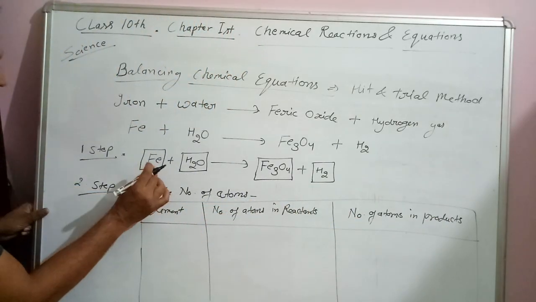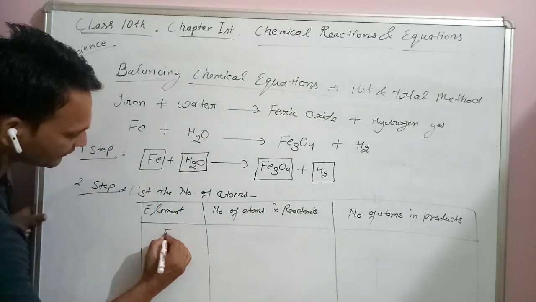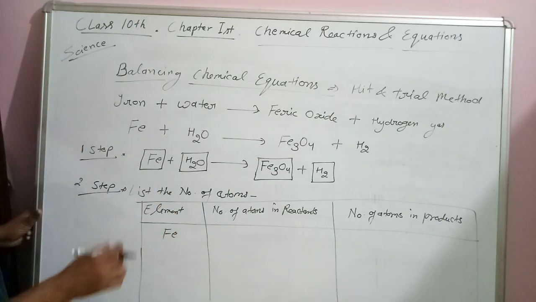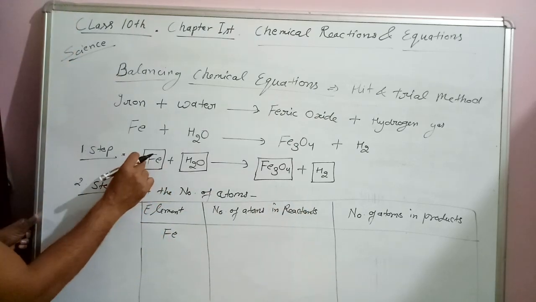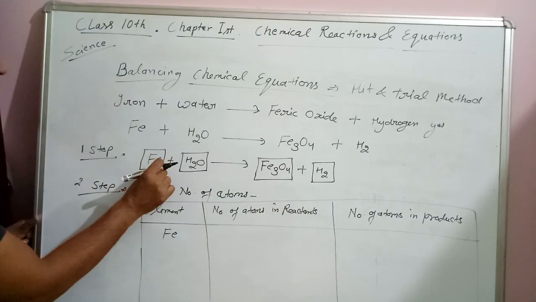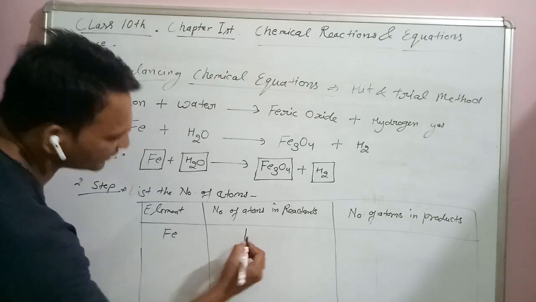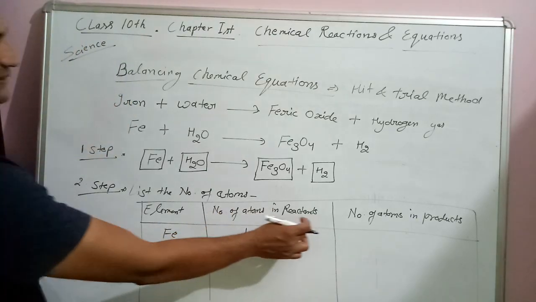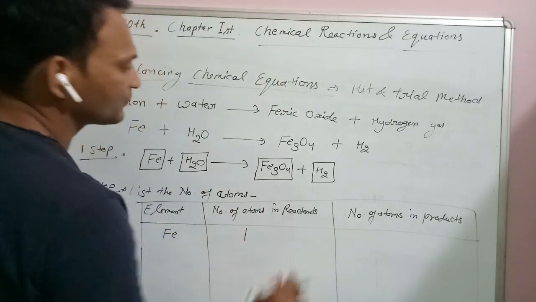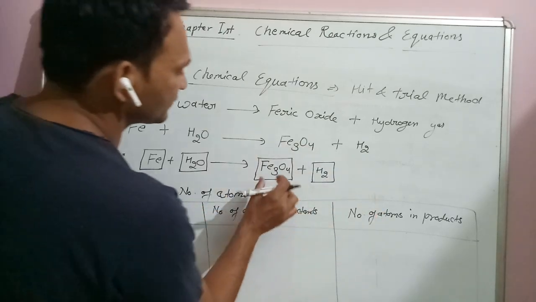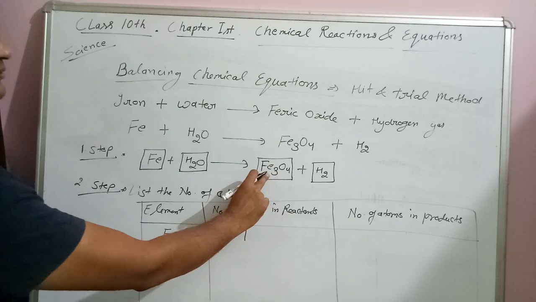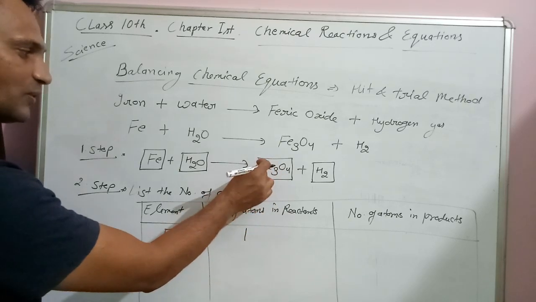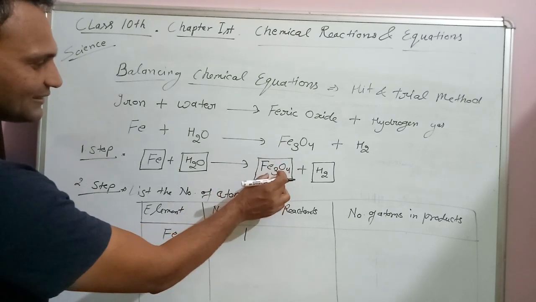So we take the first element, that is Fe. For the number of atoms in the reactant, there is nothing written before or after the iron. It means there is one atom of iron present in the reactant. Now come to the product. Fe3 here means there is nothing before, but after the Fe there is a 3.